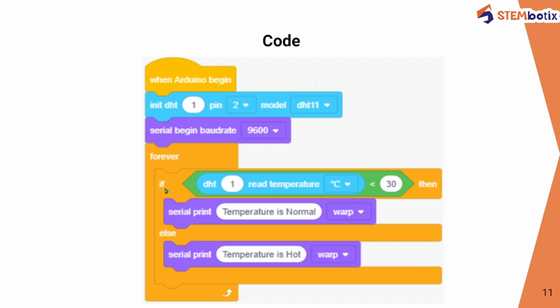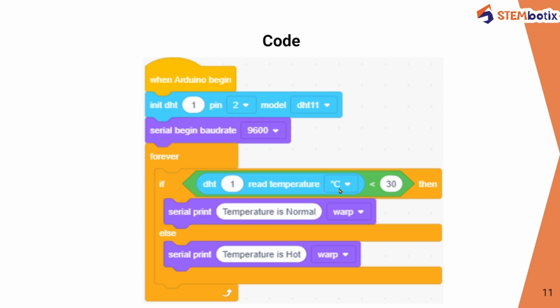First of all, we are giving a condition. We are making code for the sensor: when the sensor senses the temperature greater than 30, then what should happen? And if the temperature reading is less than 30, then what should happen?